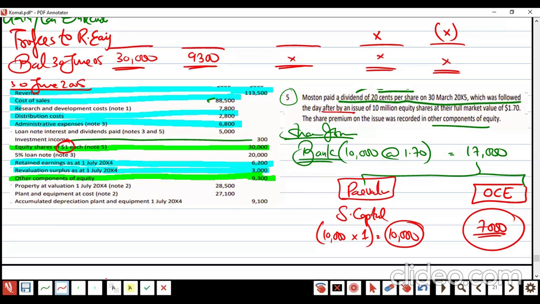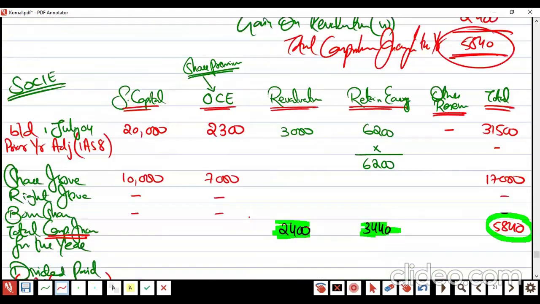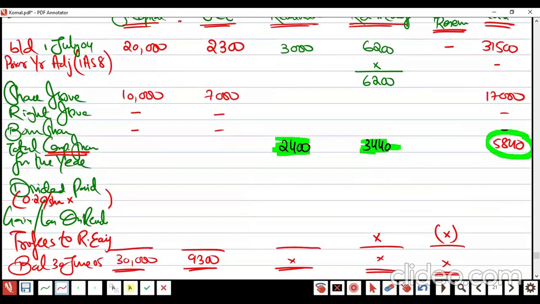So this dividend definitely pertains to the previous year, right or wrong? The previous year closing shareholding, which is the opening shareholding of my current year, is entitled for that dividend only, not the new shareholders.